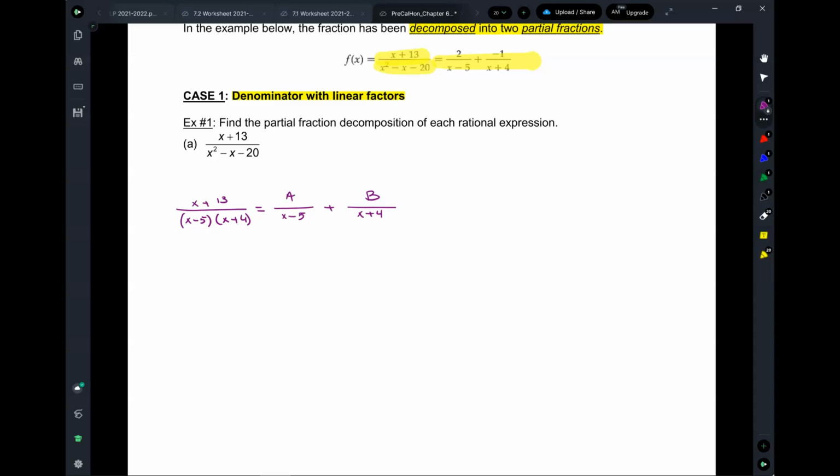Now, what we're going to do is this. We're going to multiply the entire thing by the LCD. Then we're going to solve for A and B. Okay? Right. So the LCD here is (x minus 5)(x plus 4).